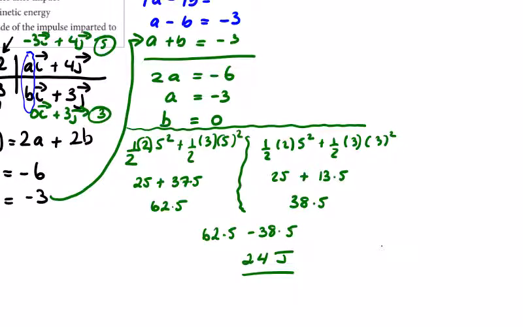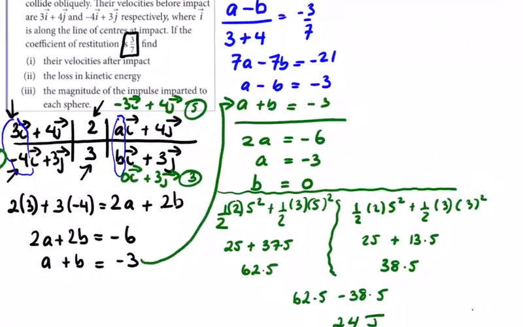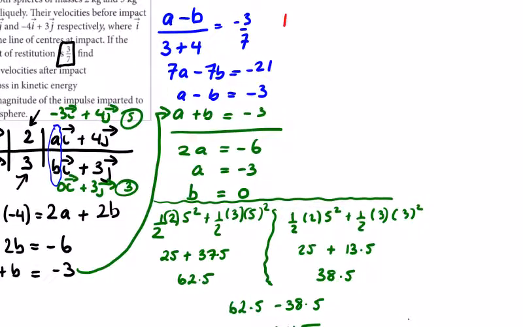And then the last part of this question, the magnitude of the impulse imparted to each sphere. So we look at impulse is mv minus mu.